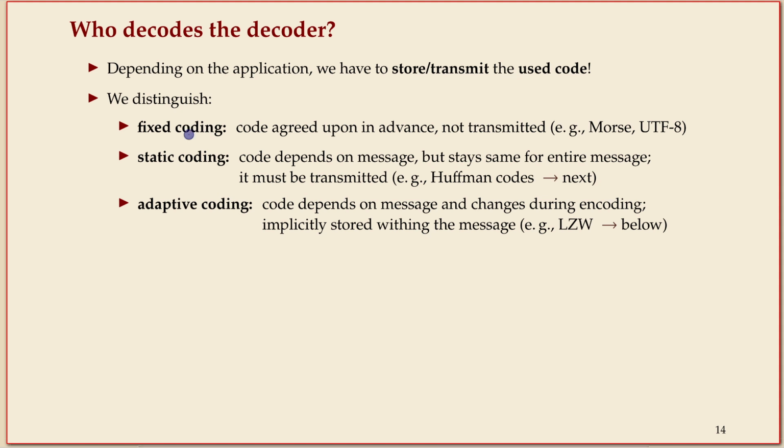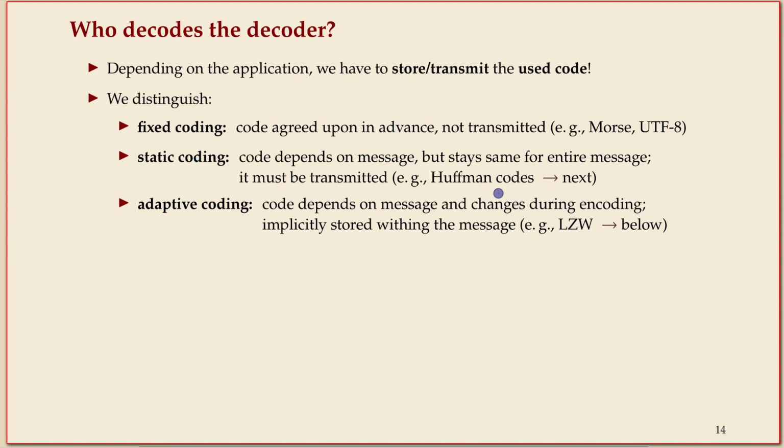It can either be a fixed coding that all people in the world know. For example, Morse and UTF-8 are of that type. You may have to tell your program that you're using that encoding, but then it knows what it is because it's a public standard. Or you can use a way to store the character encoding as part of your coded text. That's called static coding.